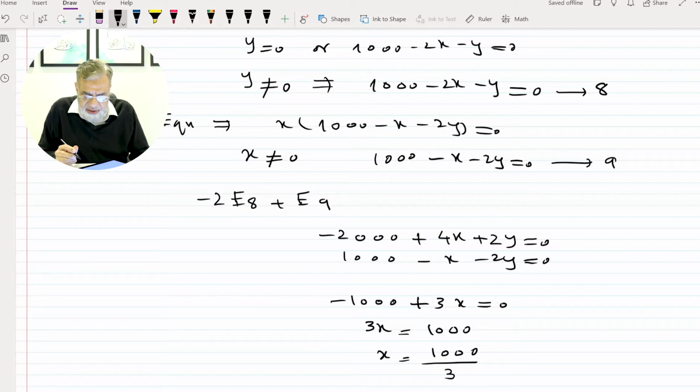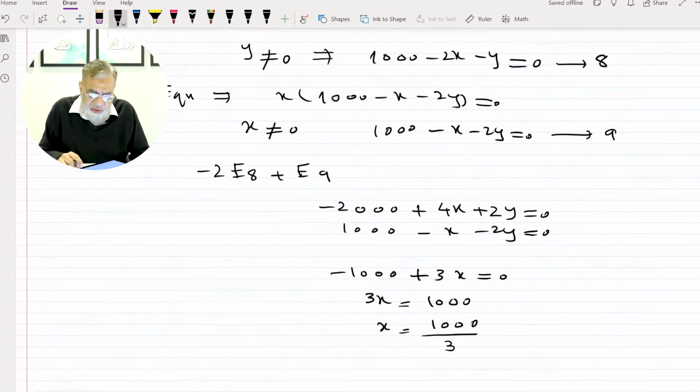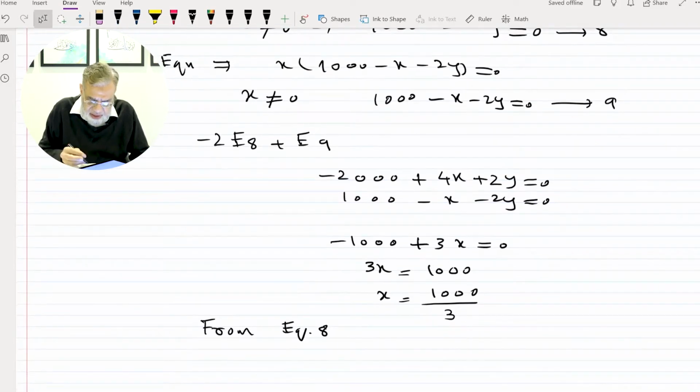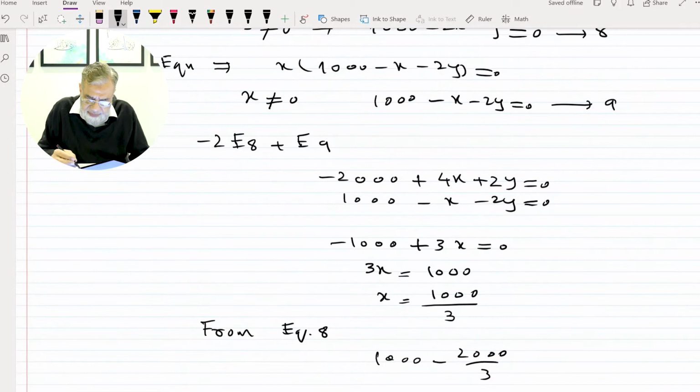Now I want to get the value of y. I can substitute into any one of the equations. I substitute into equation 8. So I will get 1000 minus 2x, which is minus 2000 over 3, and then minus y equal to 0.